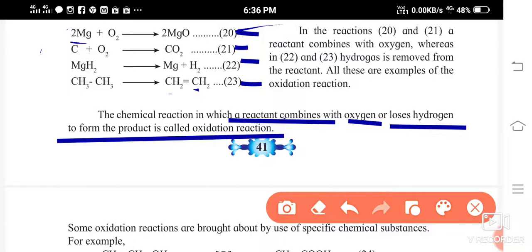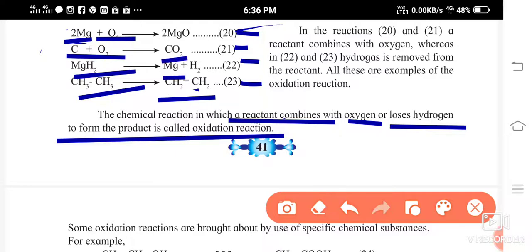So what is this oxidation reaction? Definition, very important. The chemical reaction in which the reactant combines with oxygen or loses hydrogen to form a product, we call it an oxidation reaction.